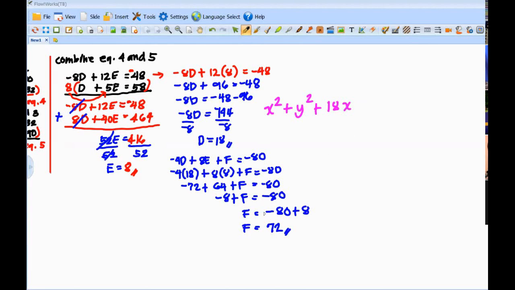Yeah, it's negative, sorry. Negative 72. And then where is the Y? It's E, right? Plus 8y minus 72 equals 0. Right? Okay, this is our equation.